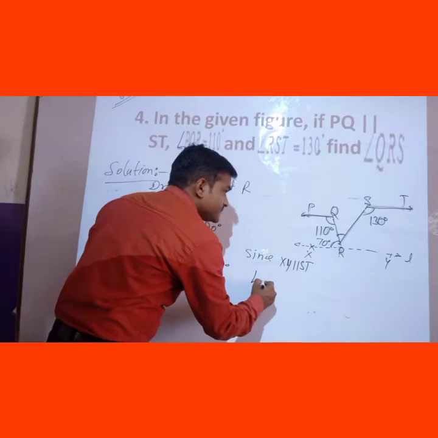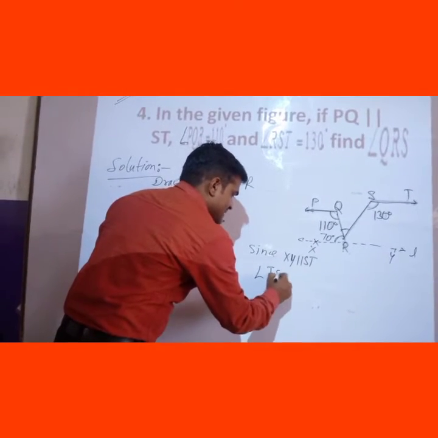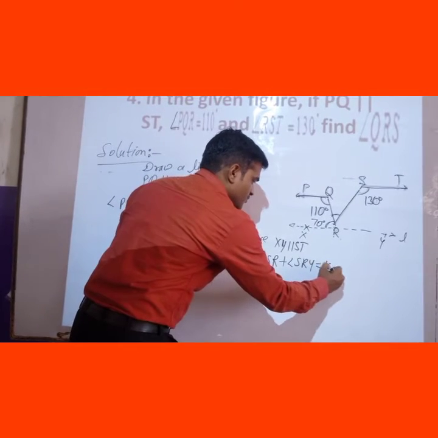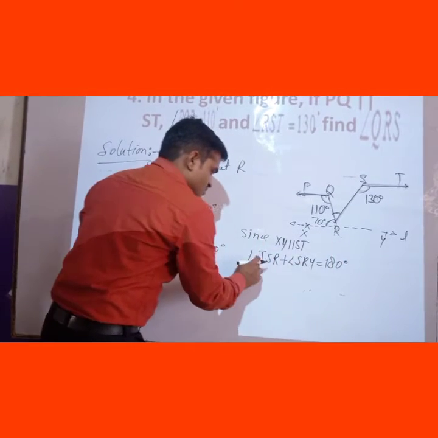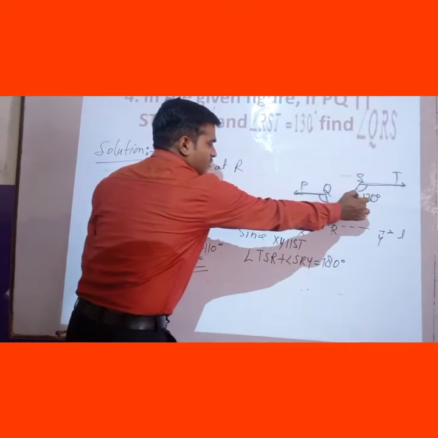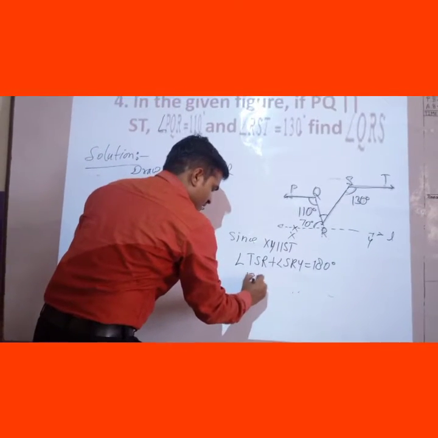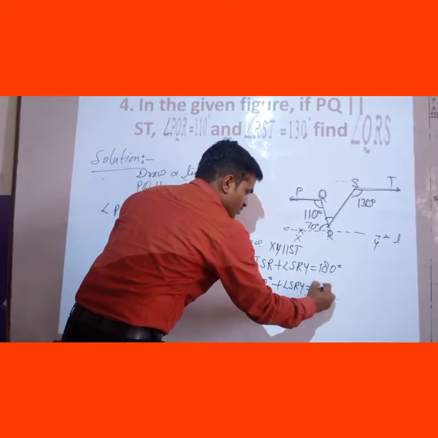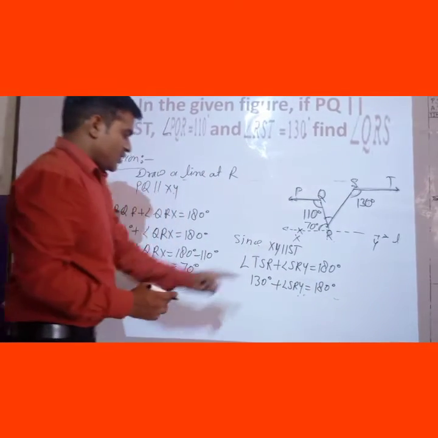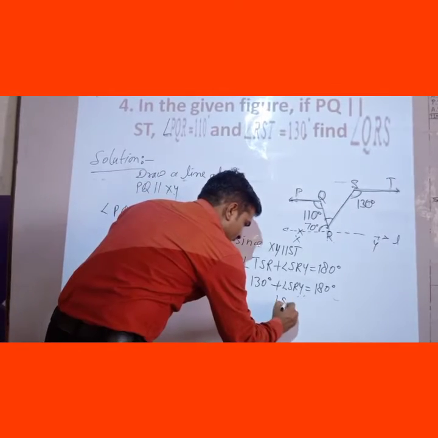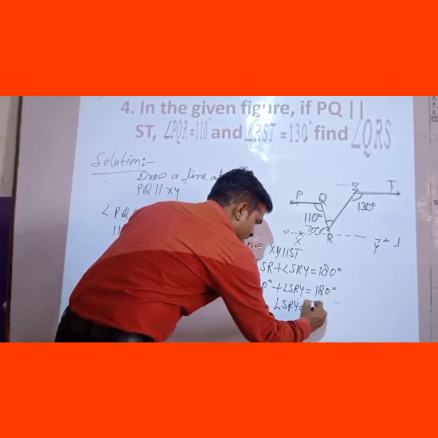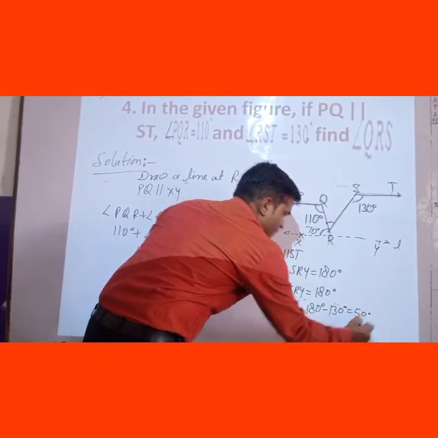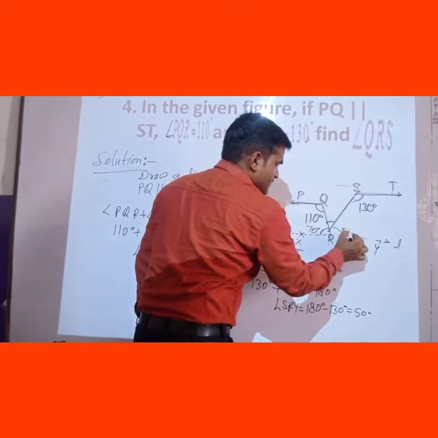So angle TSR, that is given 130 degree, plus angle SRY is equal to 180 degree. Now we find angle SRY is equal to 180 degree minus 130 degree, that is 50 degree. We get this angle is 50 degree.